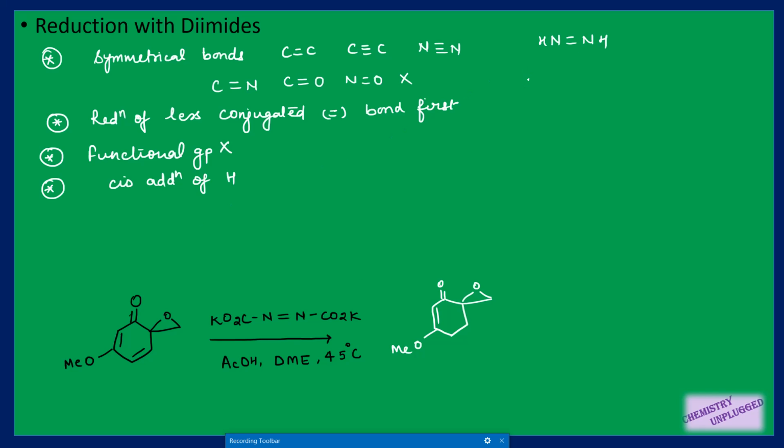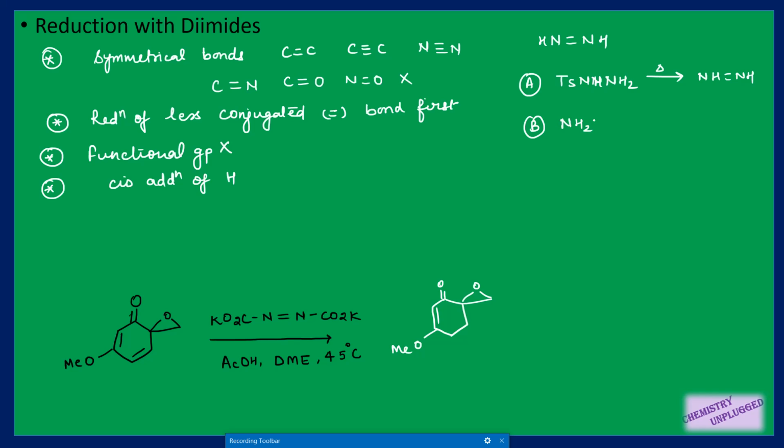So the first possibility is the heating of tosyl hydrazine. When we heat it, it will decompose and form diimide. The second possibility is hydrazine oxidation.